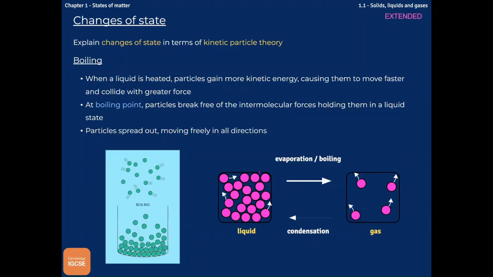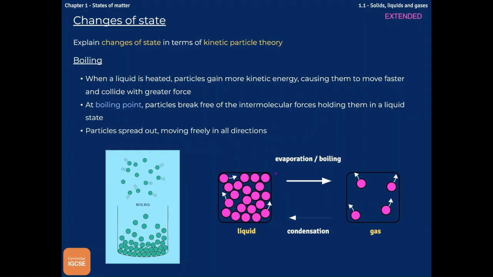Boiling. So now we're moving from a liquid to a gas. When a liquid is heated, the particles gain more kinetic energy. This causes them to move faster and collide with greater force. At the boiling point, the particles completely break free of those intermolecular forces holding them in a liquid state, and then they can spread out and move in all directions.